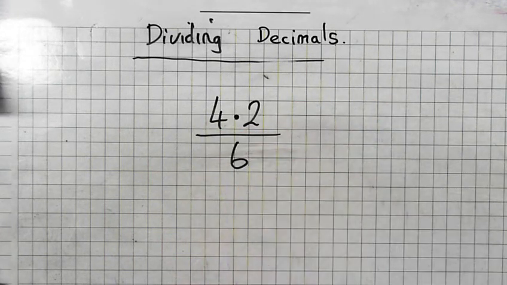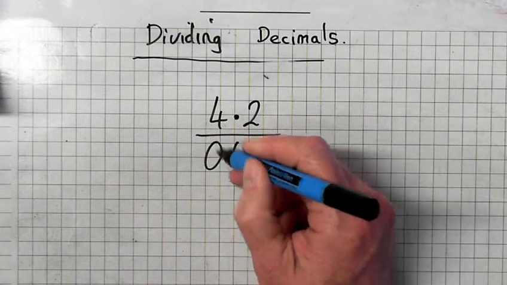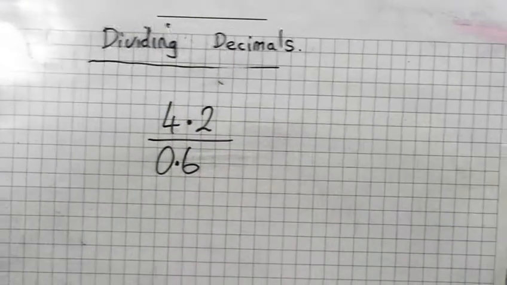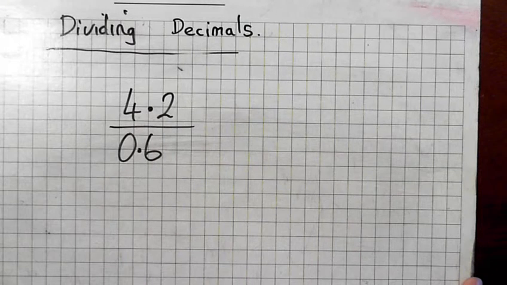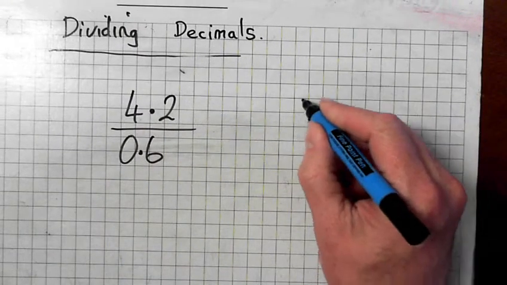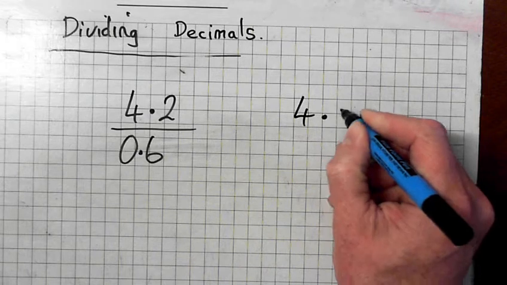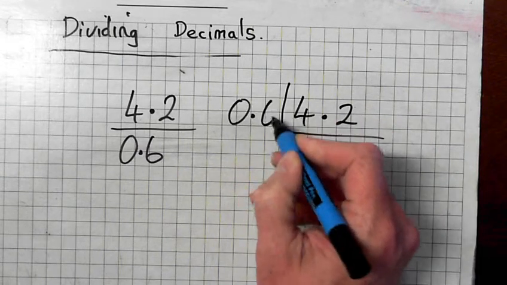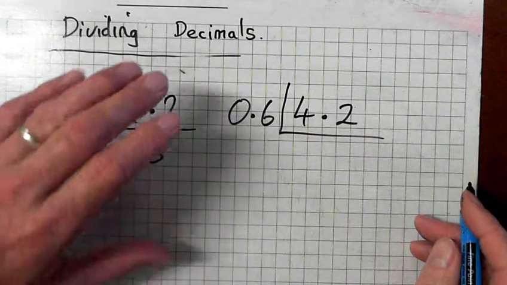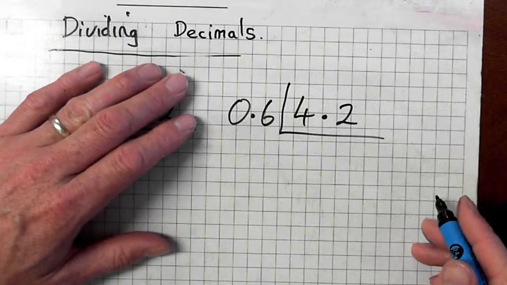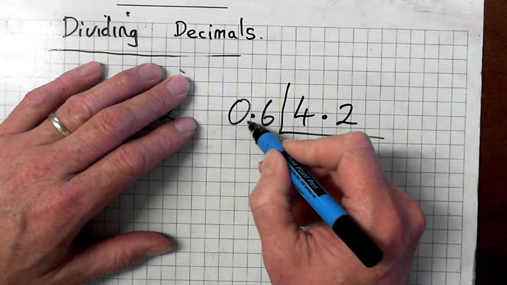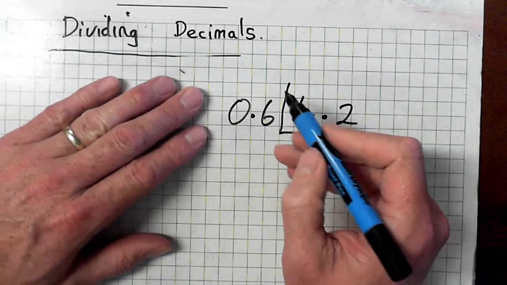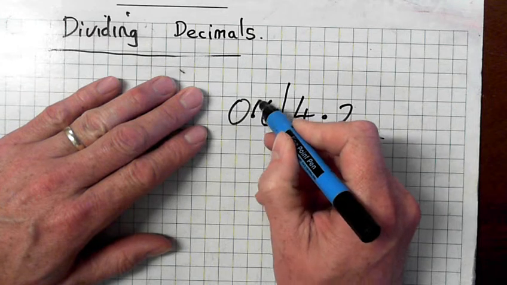Now watch this one. 4.2 divided by 0.6. Now watch what I'm going to do. I'm not going to do the sum like that. I'm going to write it like this. I want to get rid of the decimal place over here, so I'm going to move the decimal place across.